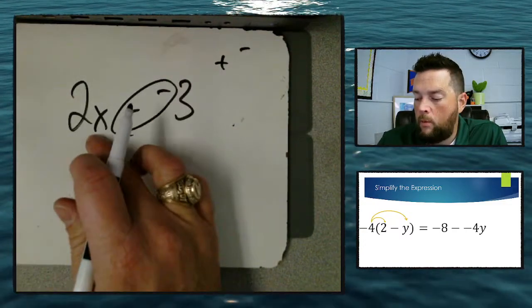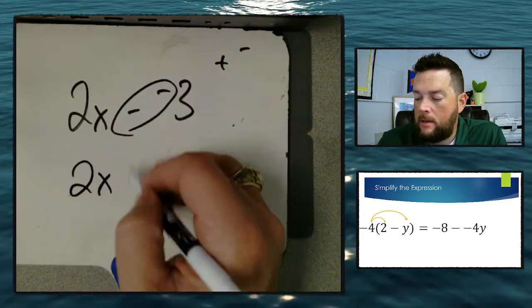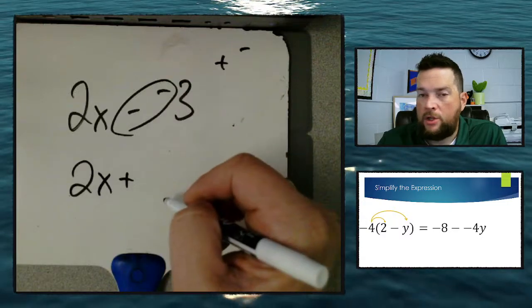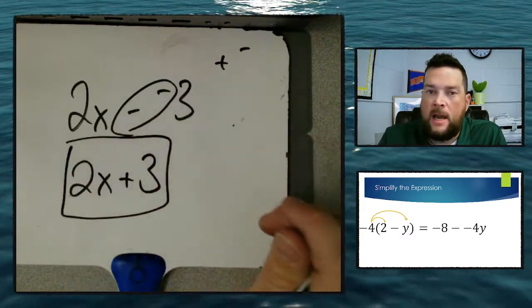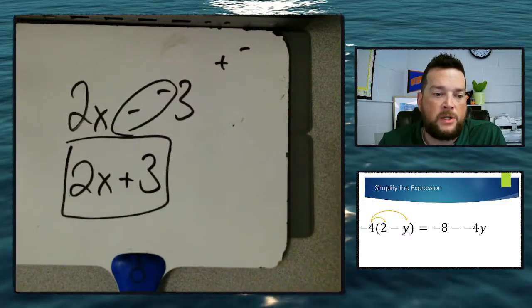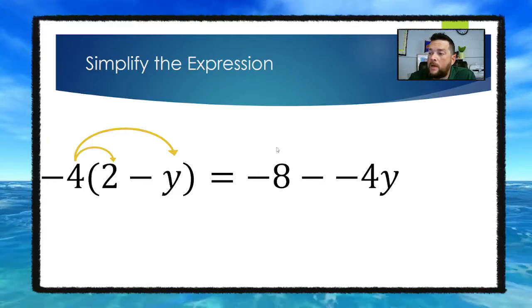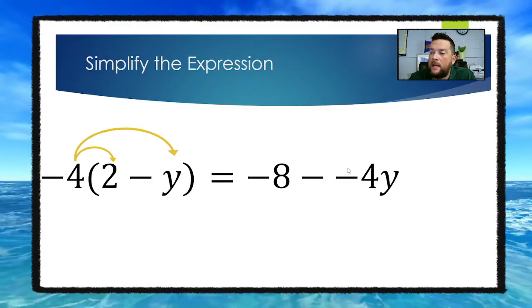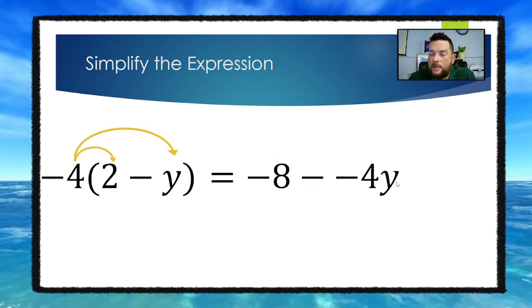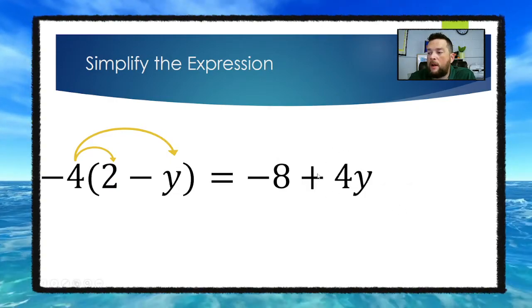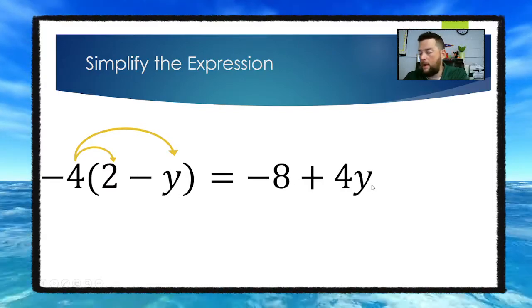We're going to keep the number in front, 2x, change the subtraction to addition, and change the next number to its opposite. So 2x minus -3 is really 2x plus 3. Using that thinking, we could take this right here, turn that minus negative into an addition, change that to its opposite, and so the final answer would be -8 plus 4y.